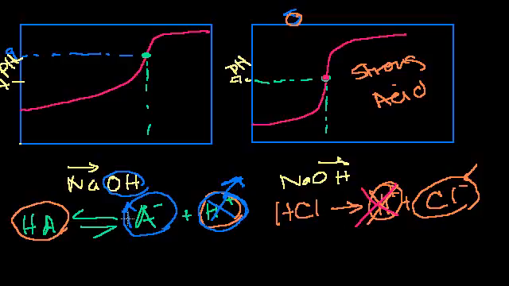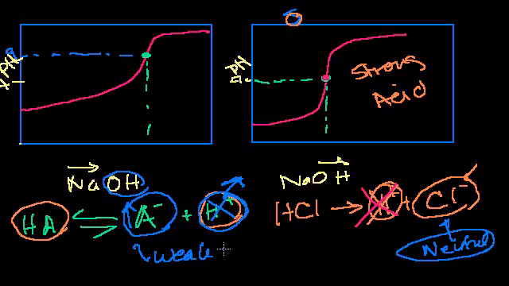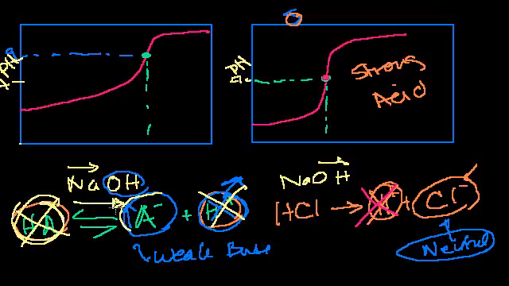And the conjugate base of a weak acid is a weak base, so it has basic properties. This is neutral. It has no effect on pH. This is a weak base. It does have an effect on pH. So at the equivalence point, you've sopped up all of this and, for all purposes, all of this, but you're still left with a ton of this. Essentially, as many moles of this have been converted into this.